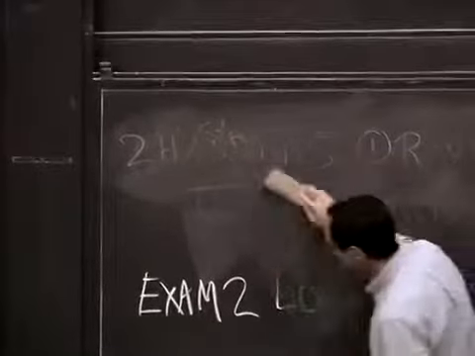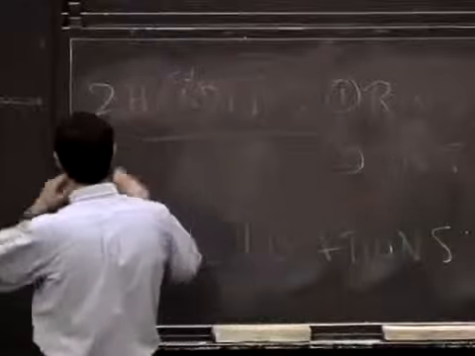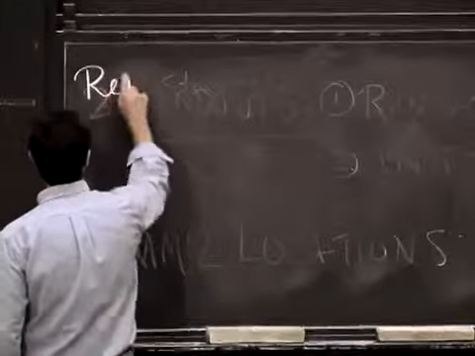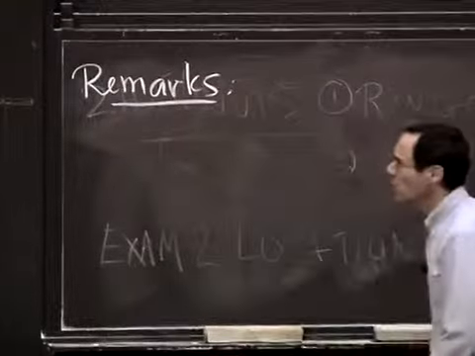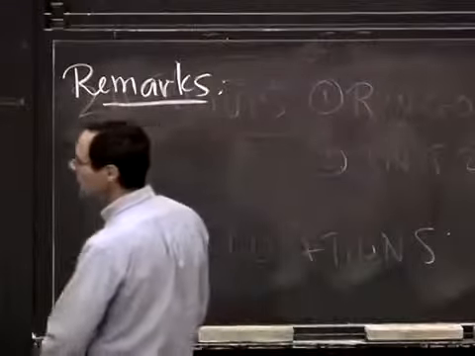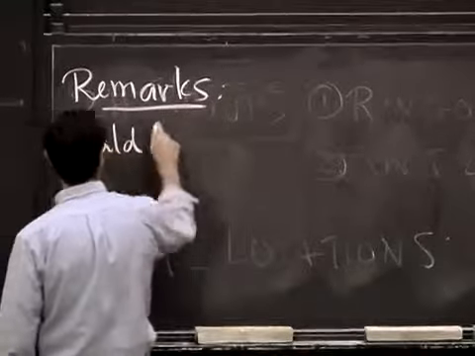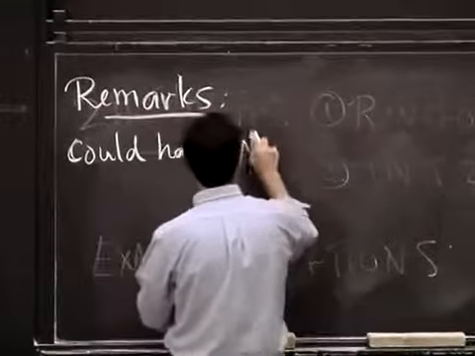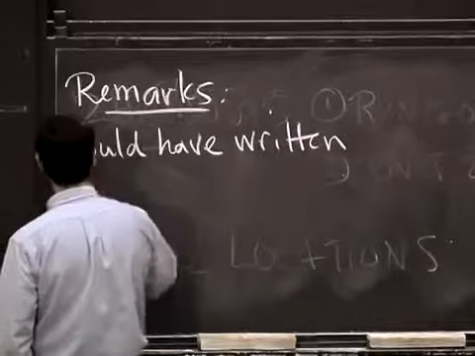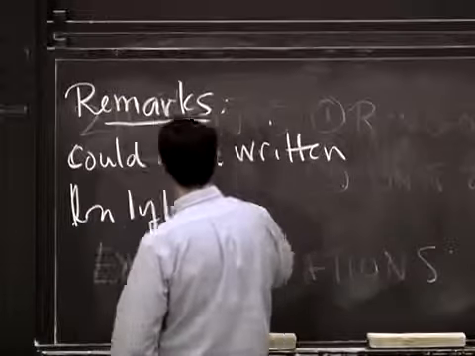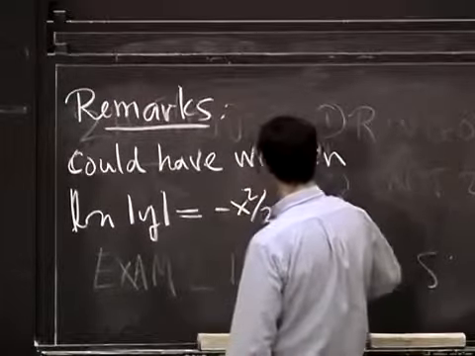So just a few pieces of commentary, a few remarks. The first remark is that I could have written natural log of absolute y is equal to minus x squared over 2 plus c.